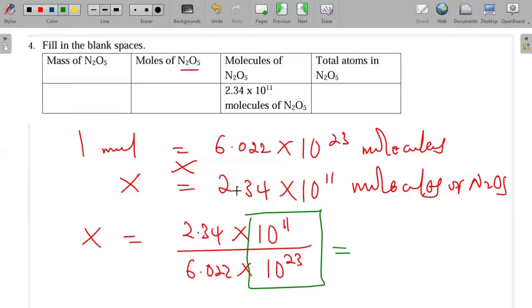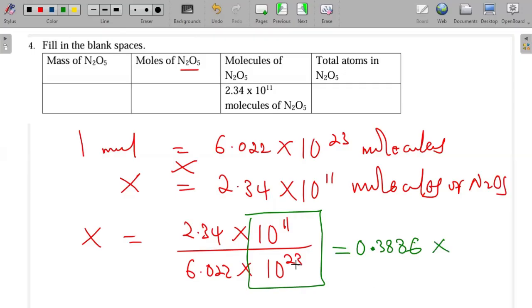So I have 2.34 divided by 6.022. Okay, so I get 0.3886. I'll just round it off to 4 decimal places.